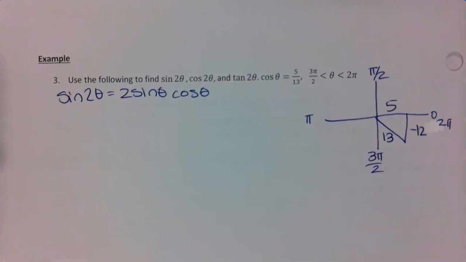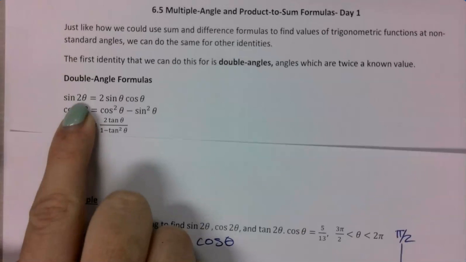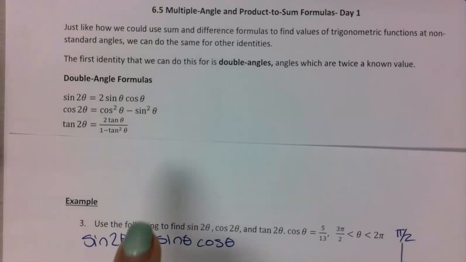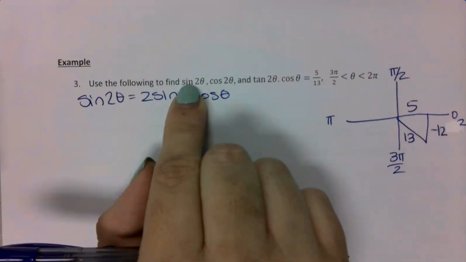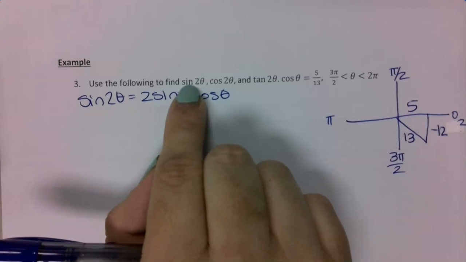Yeah, and I'm going to do that for all of them. This is literally me taking the formula from the front. I haven't plugged anything in yet. I was just copying it from the front so I had it on the same side, because it asked me to find sine of 2 theta. And I can only do one at a time.